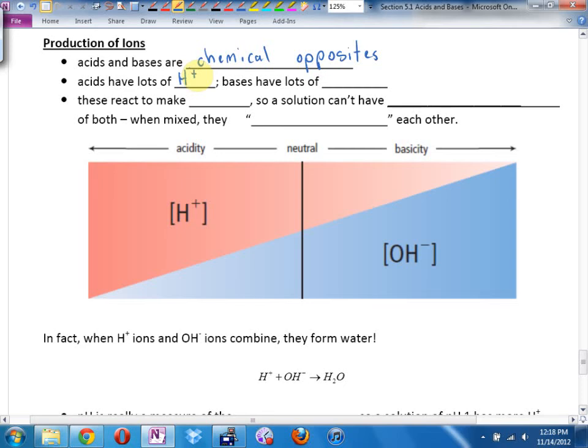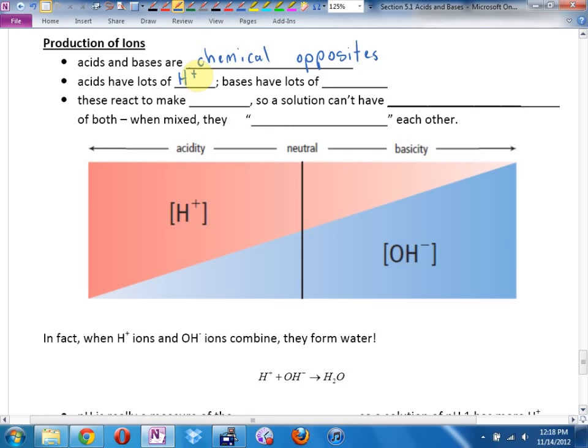Now remember from your periodic table, how many protons does hydrogen have? 1. How many electrons does hydrogen normally have? 1. If it's an ion, it's lost that electron. And so when I write H plus, really what I'm saying is it's a proton. Acids have lots of extra protons kicking around. And those protons want to get involved with other electrons. That's why they burn your skin.